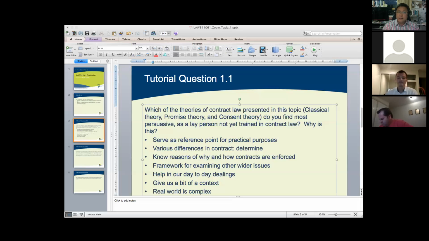But not every single promise that is made should have to become a legally binding promise. So promise theory also recognizes that there are certain promises that are not intended to be the basis of a legal obligation.